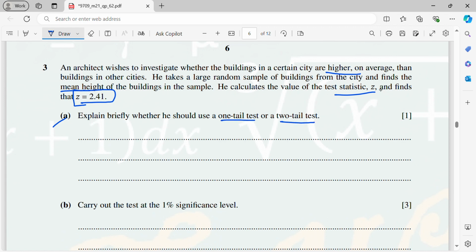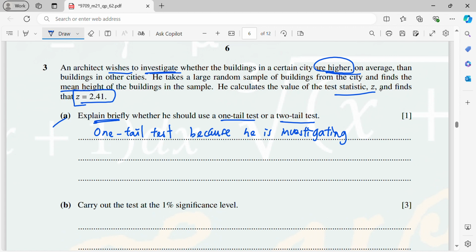Now, he wishes to investigate whether the buildings are higher. Okay, so because of higher, that means it will be a one-tailed test. Because now you need to explain. So, one-tailed test, because he is investigating whether the buildings are higher.